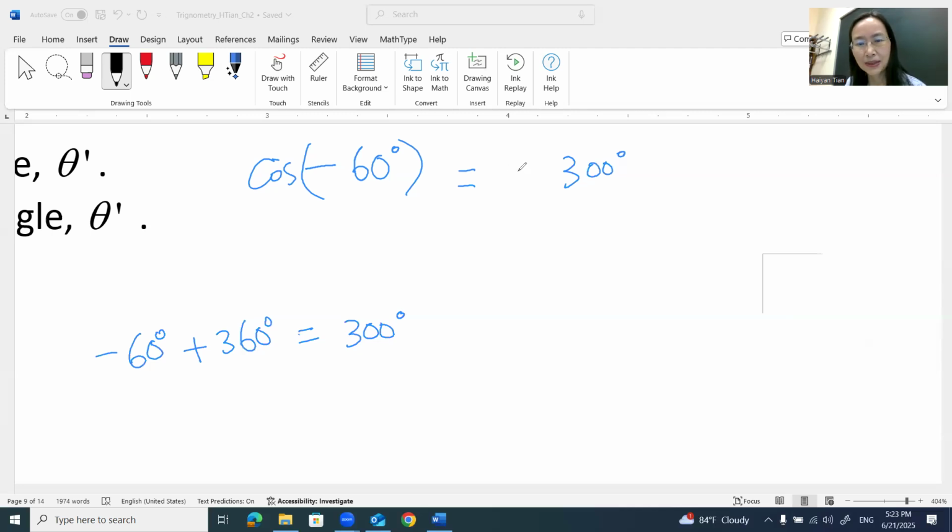So then now I want to work with this positive angle. What is the reference angle of 300 degrees? As you can do a quick sketch, 300 degrees is in the fourth quadrant, its reference angle is 60 degrees.